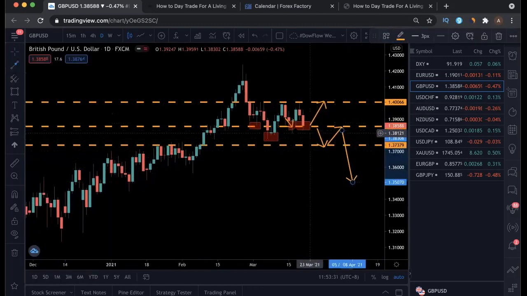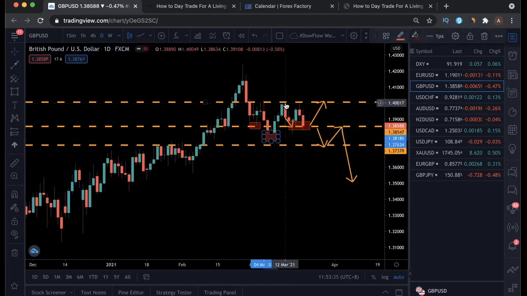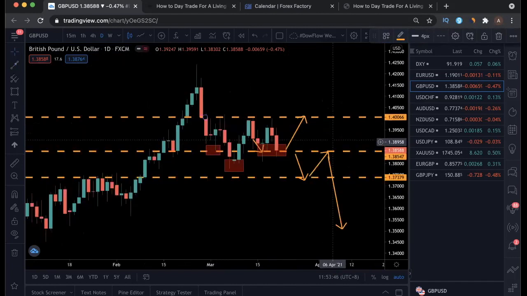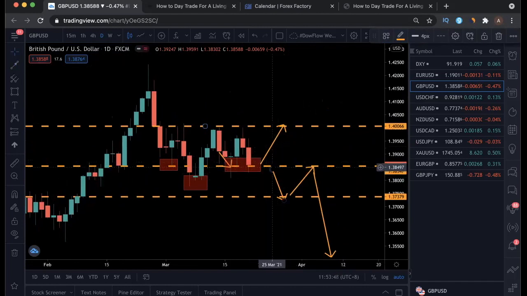Because if price breaks this, then what you have is a high, low, lower high, lower low. So it becomes bearish in the intermediate trend, kind of like a short-term downtrend. So I want to be very cautious if price breaks this level, but this is a very important level that I want to focus on, and I want to look for buying opportunity.